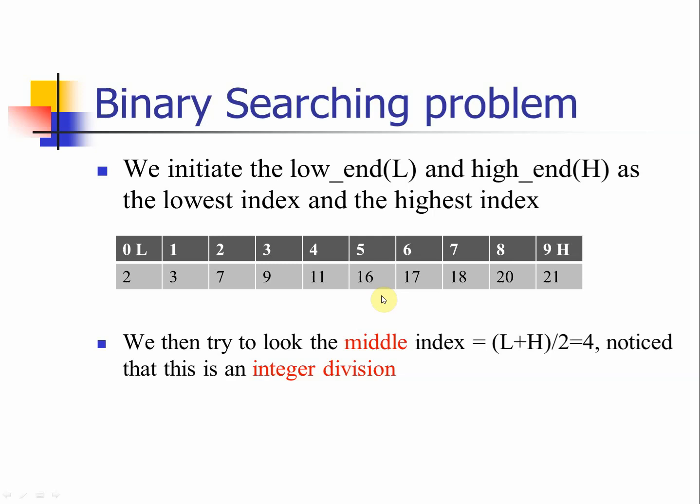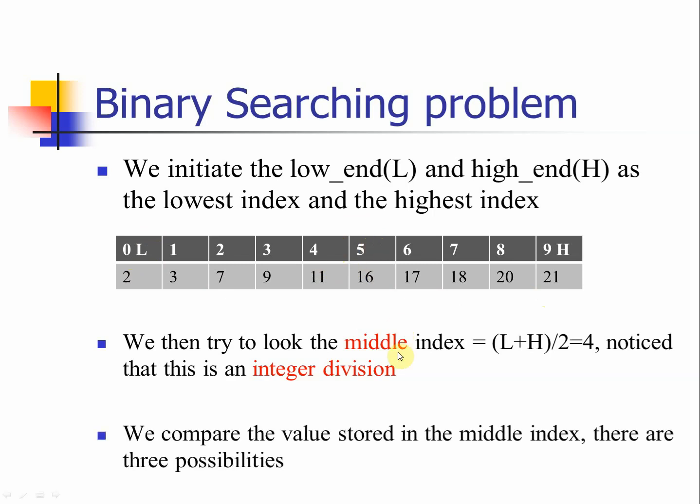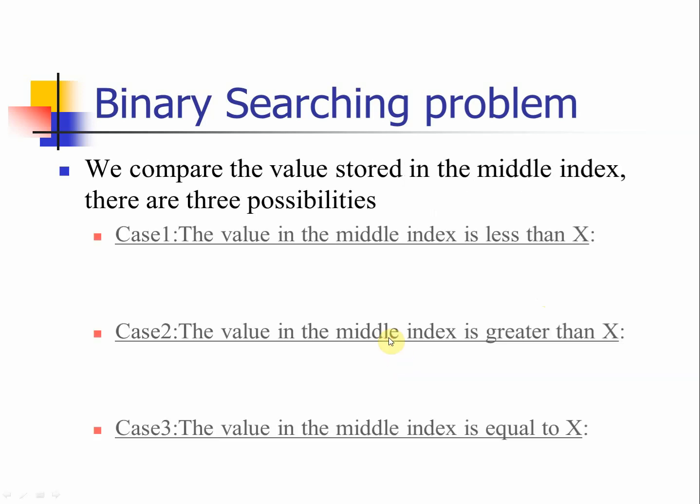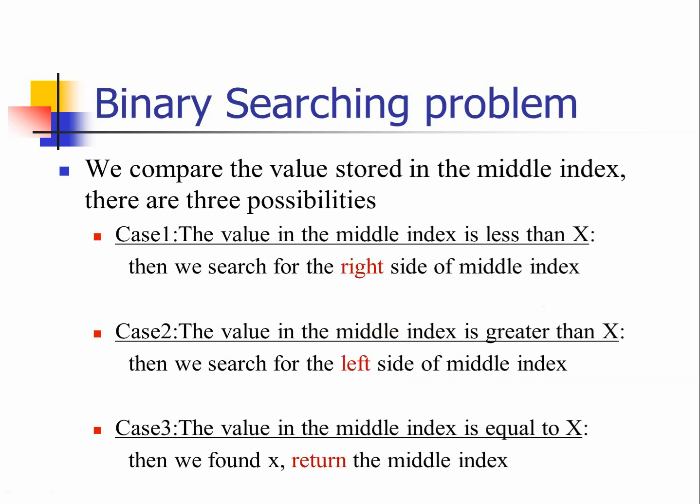In this case, we need to search on the right side, so we will change the left index to the middle index plus 1. So we will have three different case scenarios, mapping to either look into the left side or the right side, or actually we found the value.